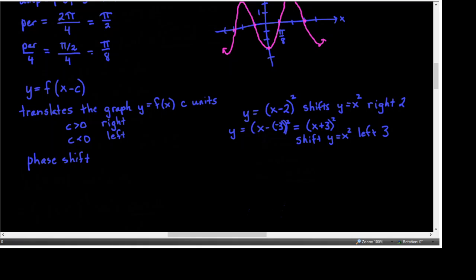And the part that's labeled x minus c, the thing that's inside, so over here it would be x minus 2 or x plus 3, that's called the argument. So that's what you're taking the sine or cosine or whatever of, or doing the squaring to. That's the argument. It's what's inside the parentheses of whatever your function statement is. Okay, and that gives us a phase shift.